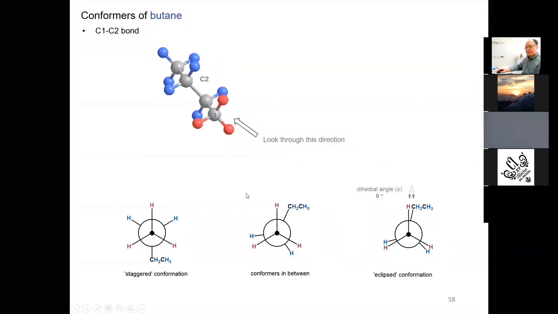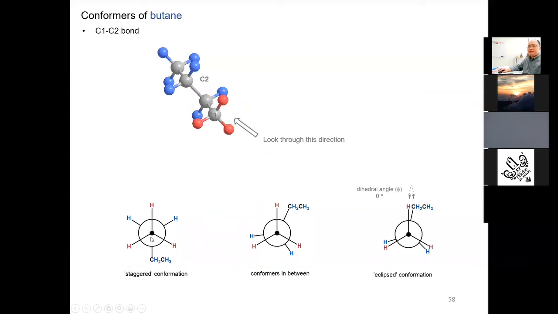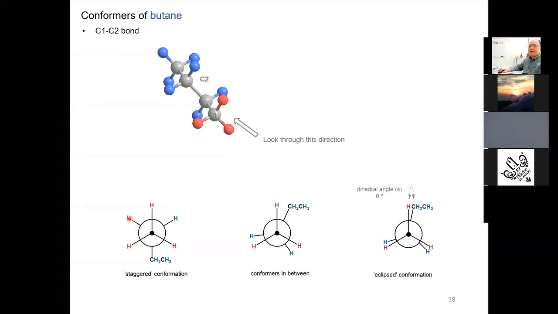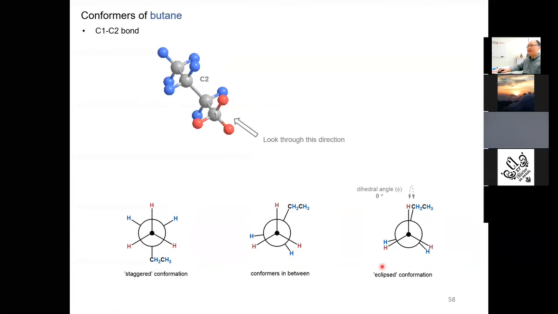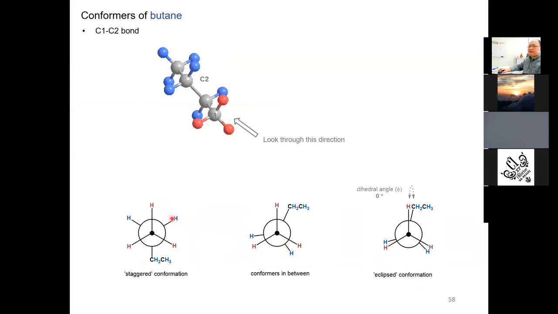So there are 2 extreme ones, like ethane. So this one is staggered. The front carbon has 3 hydrogens, the red ones, and in the back, there are 2 hydrogens and 1 alkyl group. The dihedral angles of the staggered, if you remember, are 60 degrees, 60 degrees, 60 degrees. Okay. And for the eclipsed conformation, you have to put the alkyl group eclipsed with a hydrogen here, right?